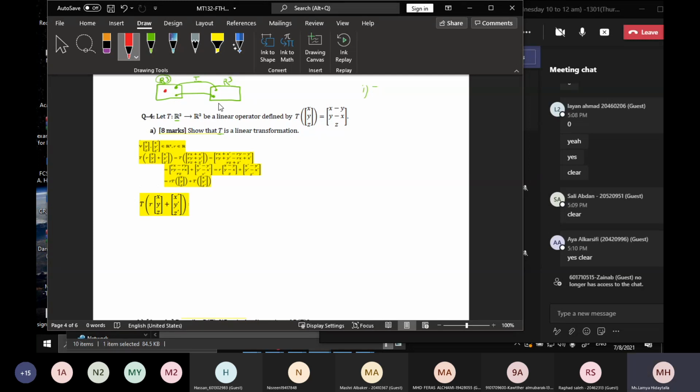And as well, since this is a vector space, we said a vector space has 10 conditions that should be satisfied: 5 with respect to the addition and 5 with respect to the scalar multiplication, correct?